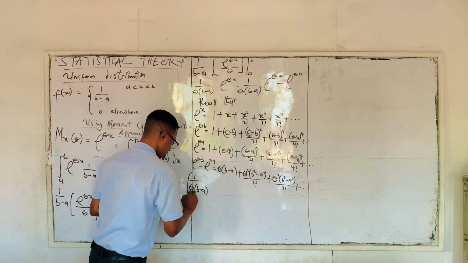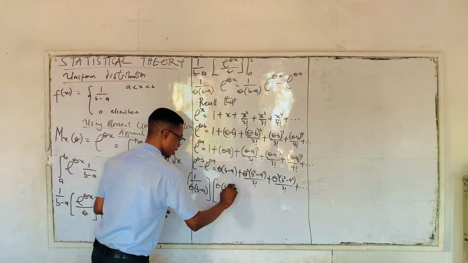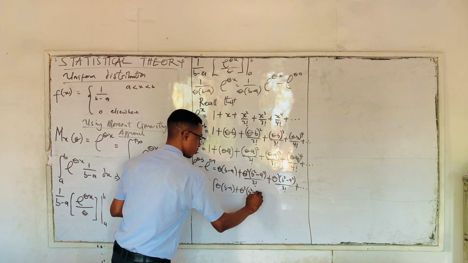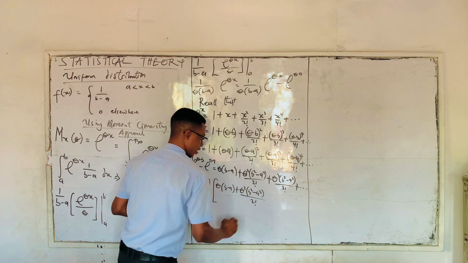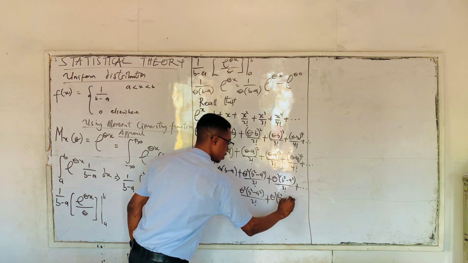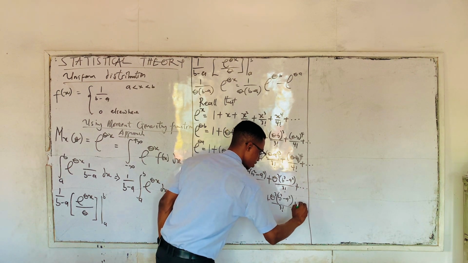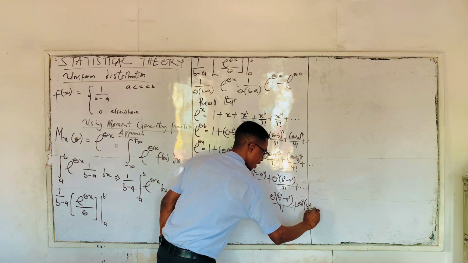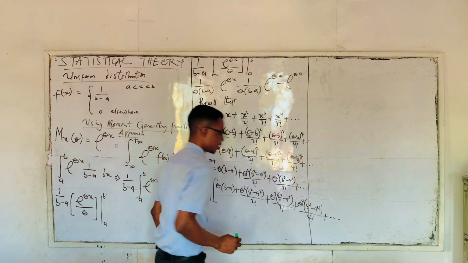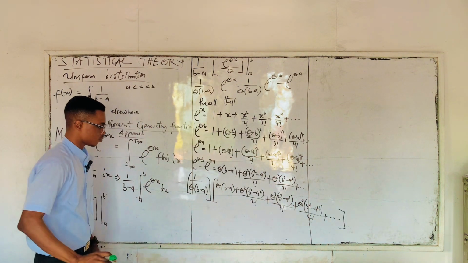Now we put this as theta into brackets b minus a plus theta squared b squared minus a squared over 2 factorial plus theta cube b cube minus a cube over 3 factorial. Of course, we can even still proceed and have theta 4 into brackets b4 minus a4 over 4 factorial, all till infinity. So this is what we have.